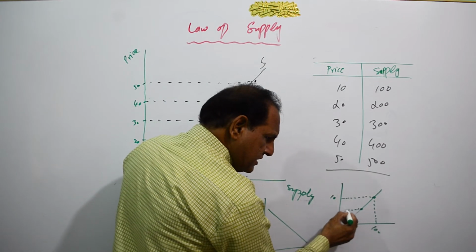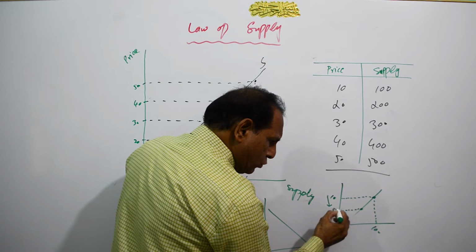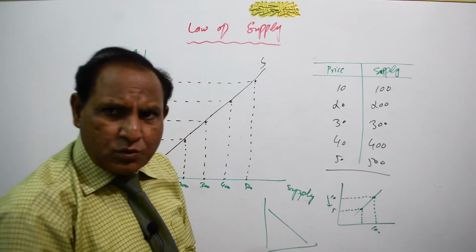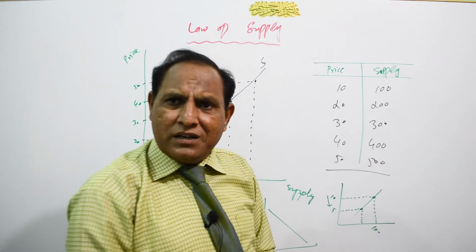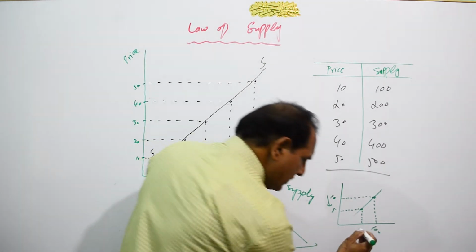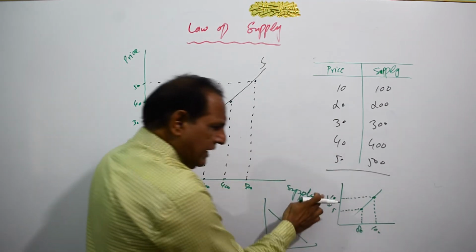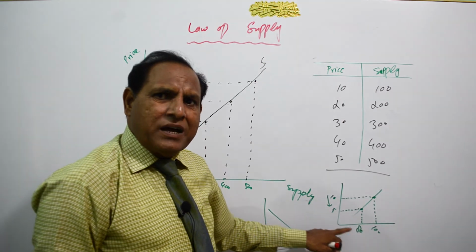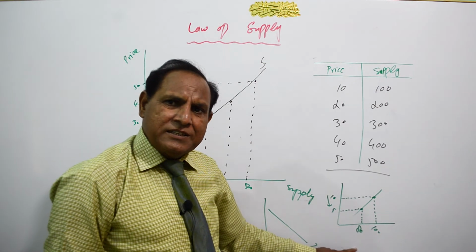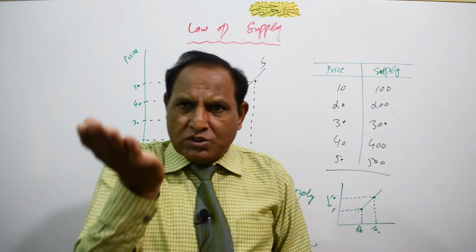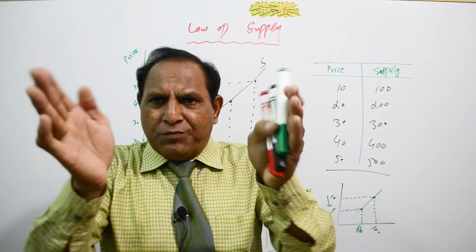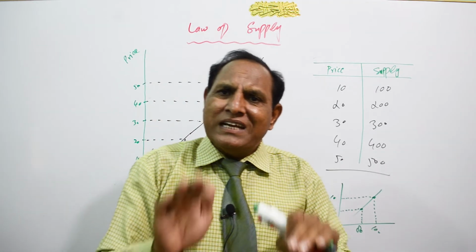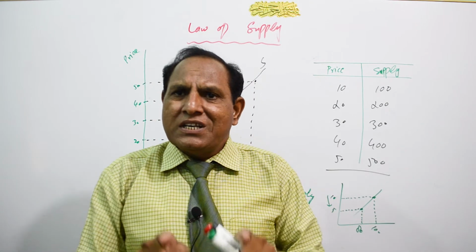When the price decreases and reaches 5 rupees, we will see that the supply for that good will not remain at 100. It will also decrease and will reach, suppose, 80. At 10, supply is 100, and at 5, supply decreases and reaches 80. So when price goes up, supply will go up. If price decreases, supply also decreases. These 2 forces will go side by side.